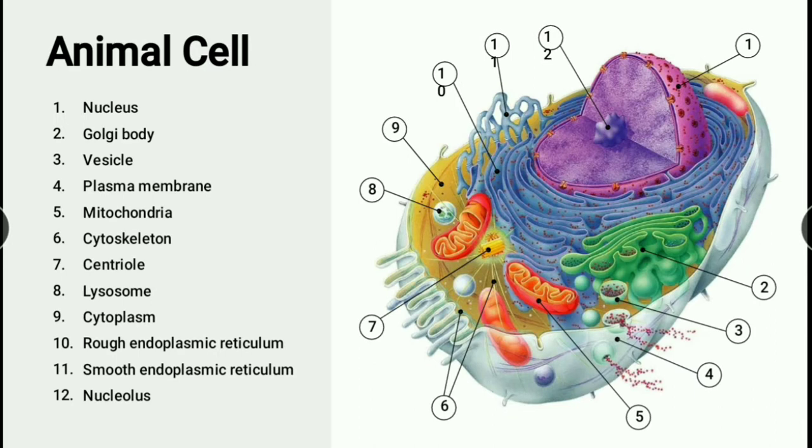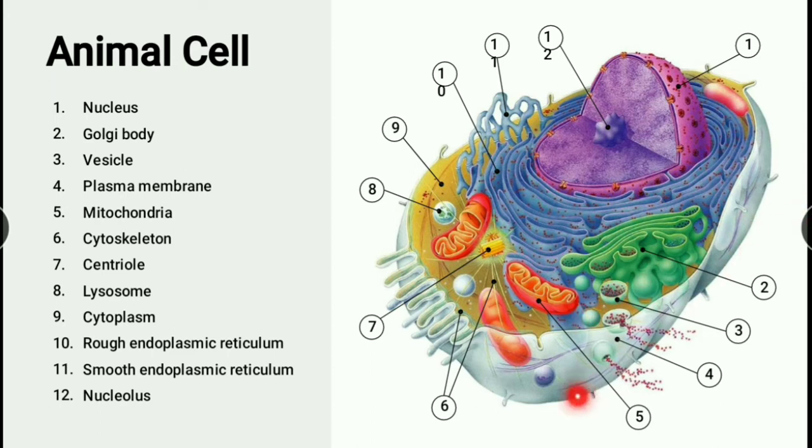And one more difference you all know. Plants are green in color, isn't it? Because it is green in color, it has chloroplast or chlorophyll. This chlorophyll is present in an organelle called chloroplast. Can you see any chloroplast here in the animal cell?